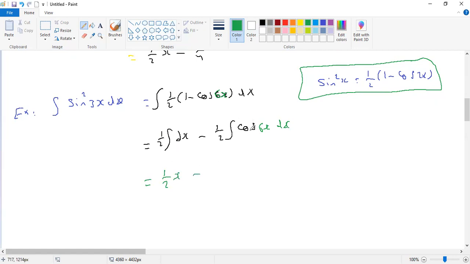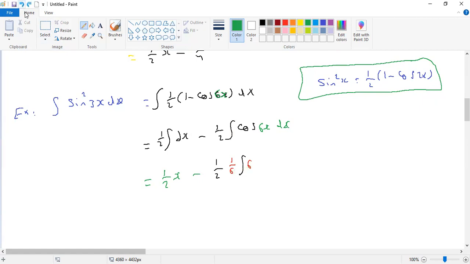Minus, here we need to multiply by 6 and divide by 6, so this one is minus 1 over 2. Why? Because we need the derivative of 6x, which is 6, but we have no 6 here. So I have to multiply by 6 and divide by 6. This is the same because 6 with 6 is 1, so it does not affect the answer.